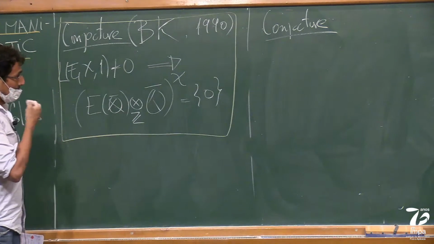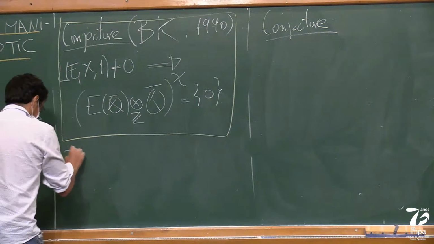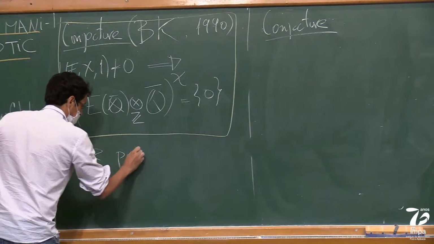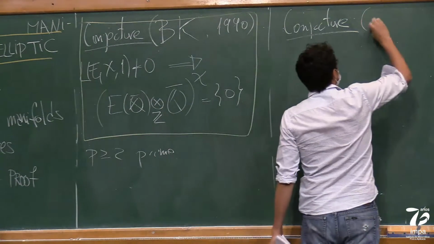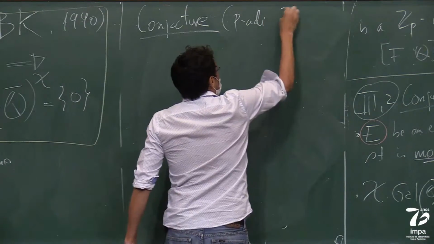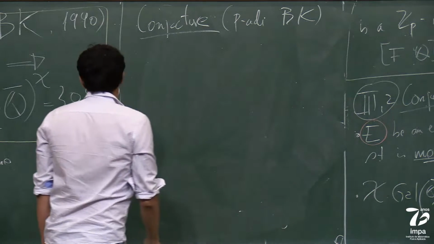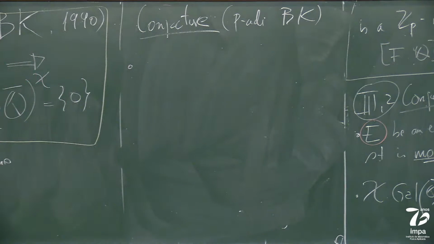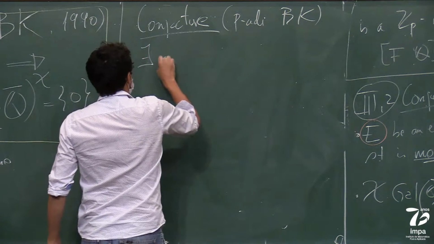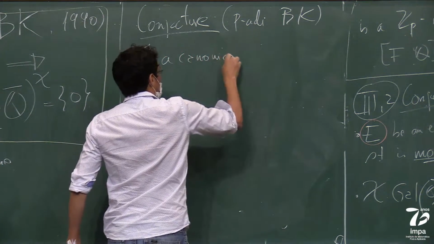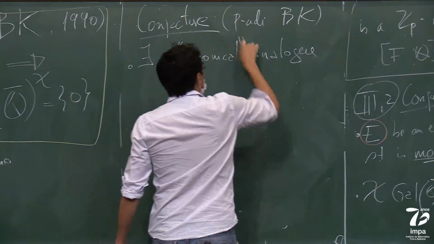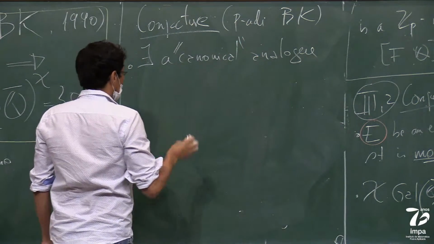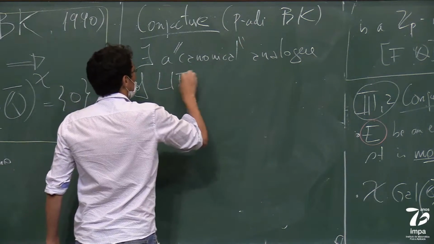Okay, so there is a p-adic version of it. Fix a prime p, and you can have a version of this Bloch-Kato conjecture that is p-adic. So the first part of this p-adic Bloch-Kato conjecture is that there exists a canonical analog of this number.